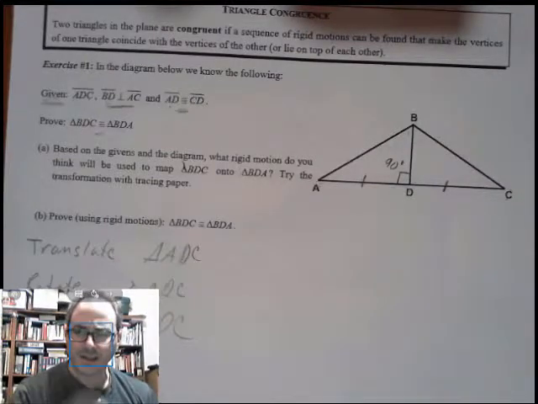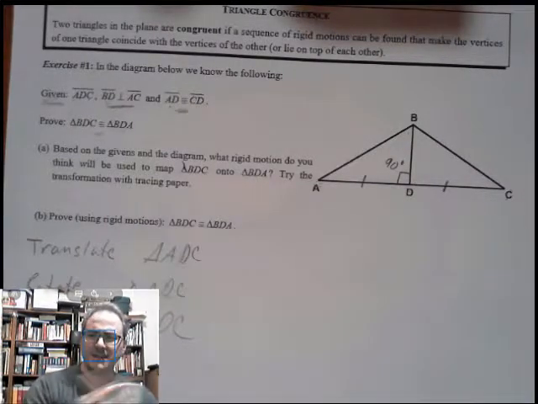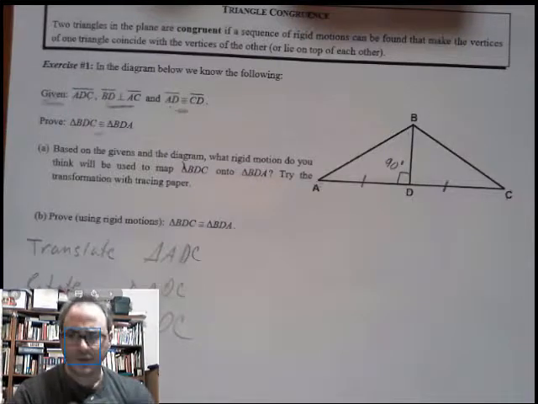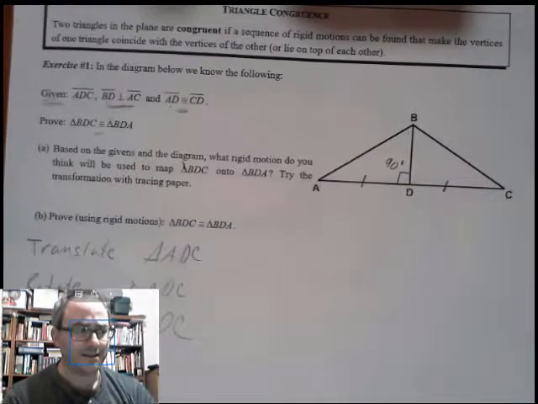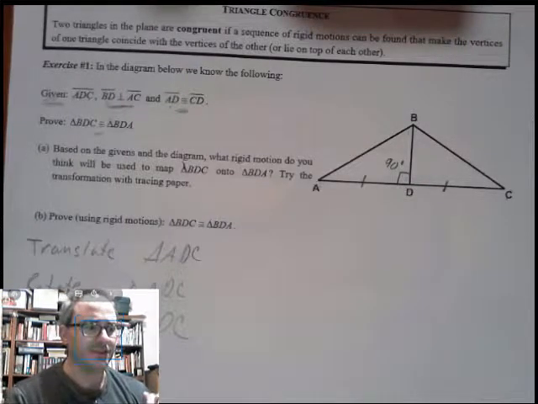All right, so pause the video here, see what you can get me. I want to see if you can determine what rigid motion maps BDC onto BDA. All right, go.